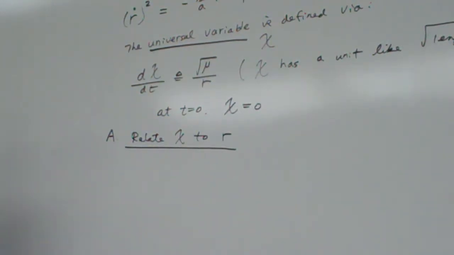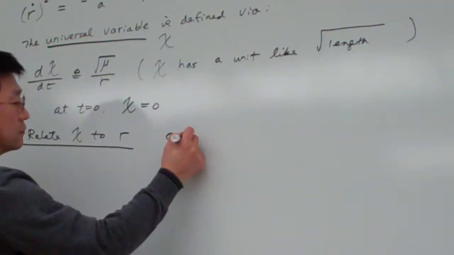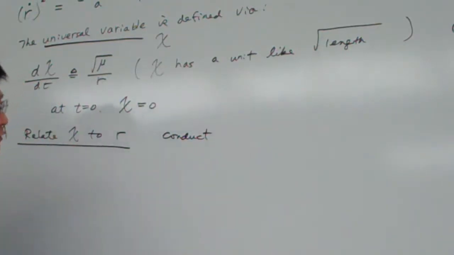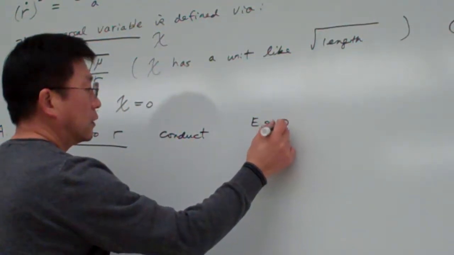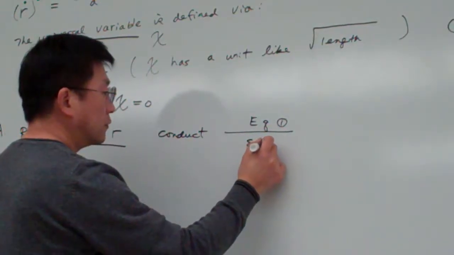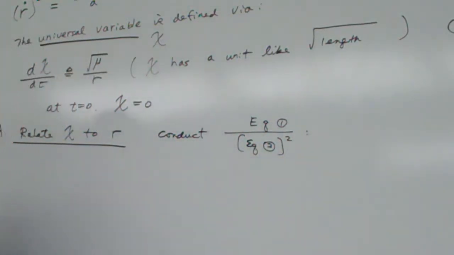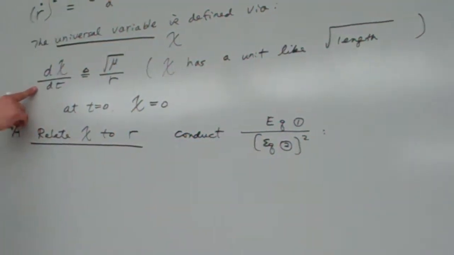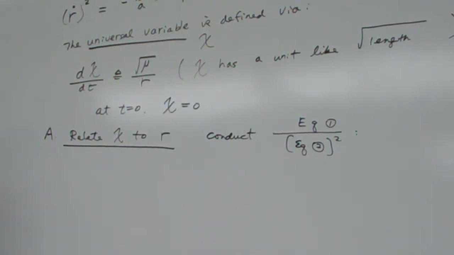So here what we can try is this. We conduct certain operations. That means equation 1 divided by equation 2 squared. So simply I take the square of equation 2 and then take the ratio with respect to equation 1 and we see what happens.